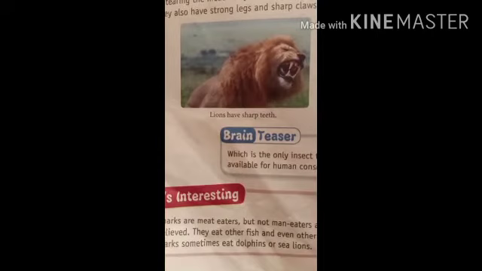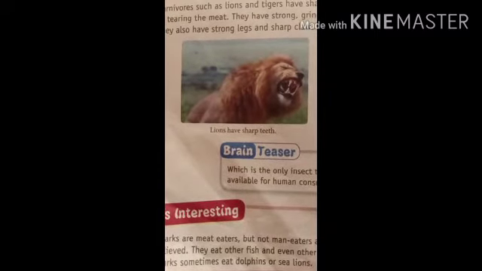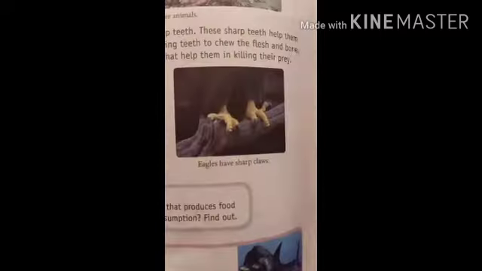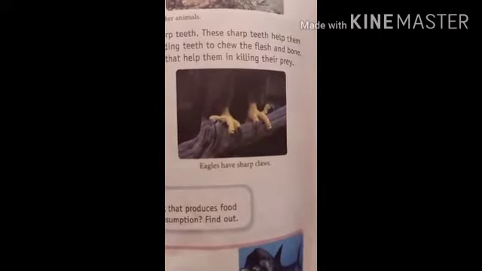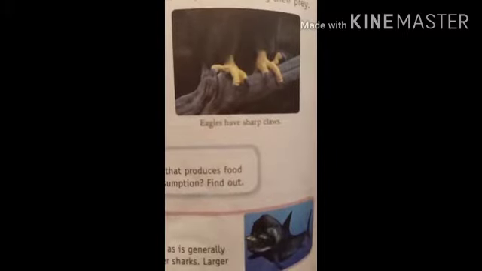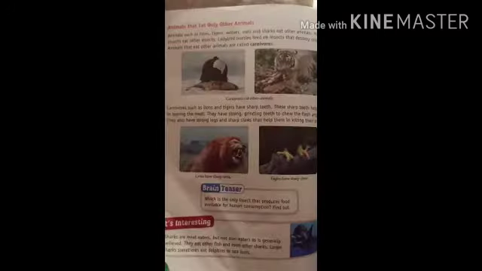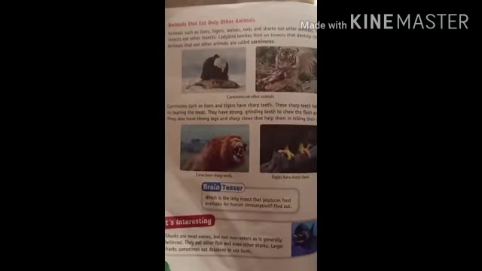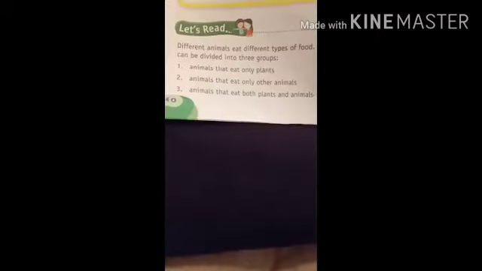They also have strong grinding teeth to chew the flesh and bone. These carnivores have strong legs and sharp claws that help them kill other animals. So these animals are always dependent on other animals to survive.